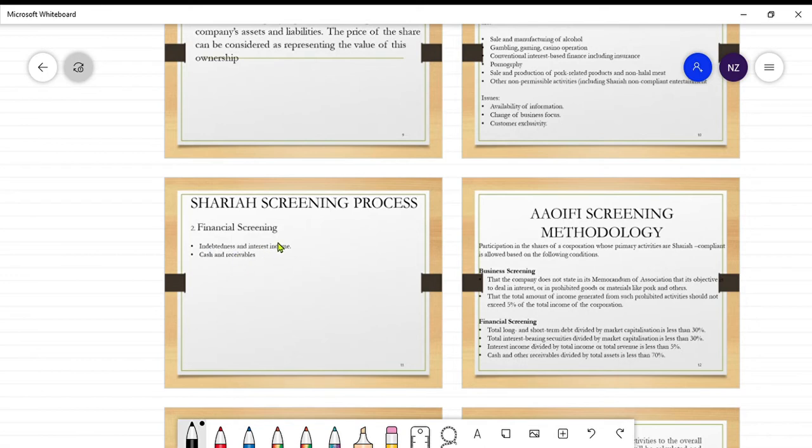So kita juga akan go through the cash and the receivables of the financial system, sebab probably the cash is from somewhere yang prohibited, right? So that is the 2 syariah screening yang kita kena go through.